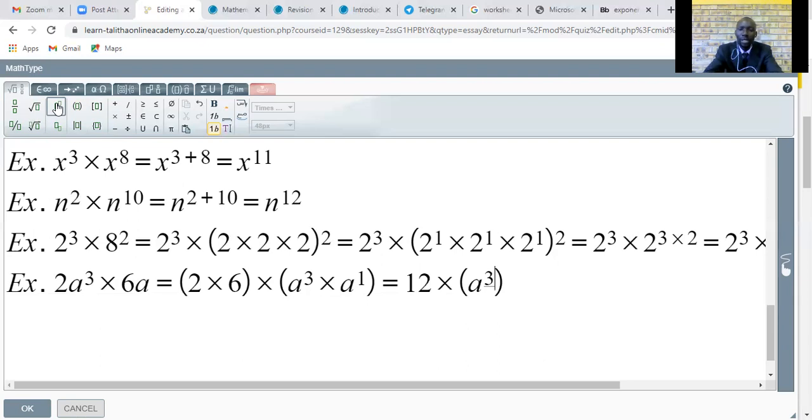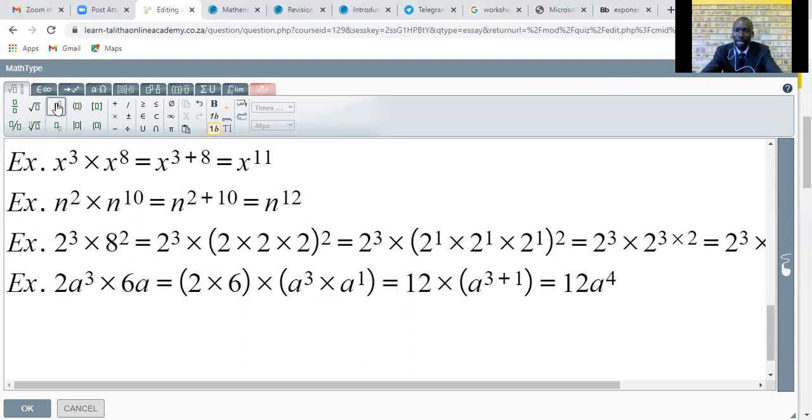Now, this time we will go ahead to apply the rule, which requires us to add the exponents of A. And so, in the next step, we will then be having 12 times A with exponent of 4, which is very much like 12A, 12 times A is 12A, this time with exponent of 4.